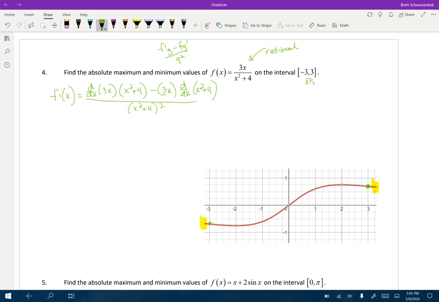All right, a lot of work to do here, so we can do a little shortcut work. This is going to be 3, and this is going to be 2x. So moving on, it looks like we're going to get 3 times x squared plus 4 minus 3x times 2x over x squared plus 4 squared.